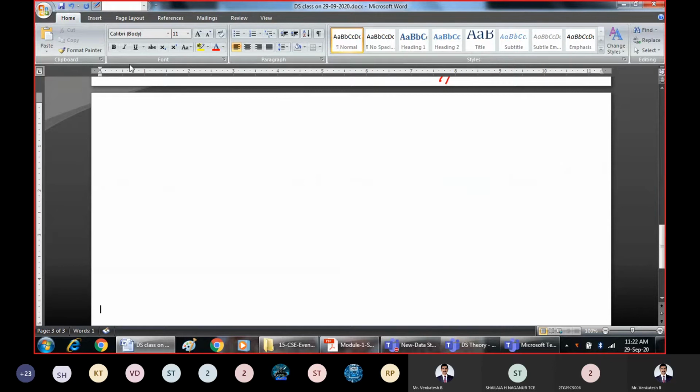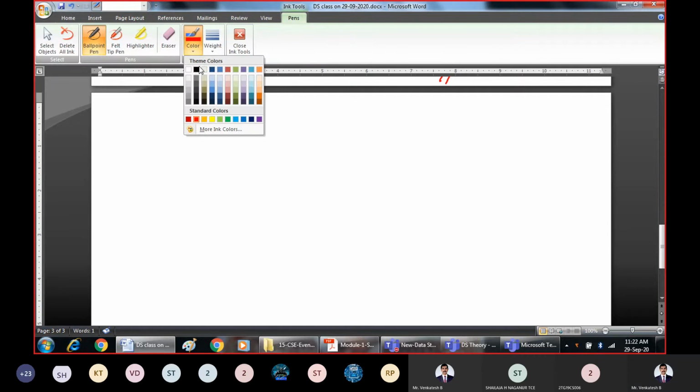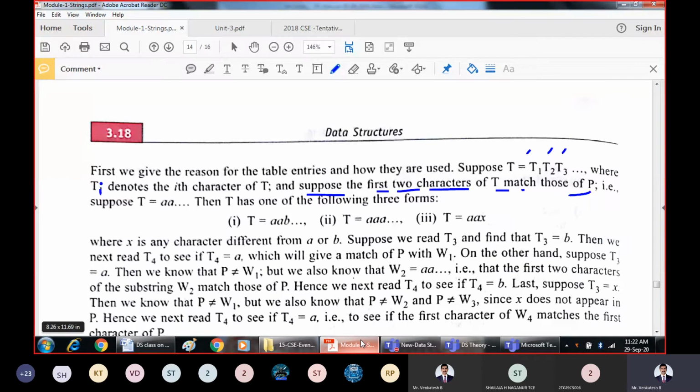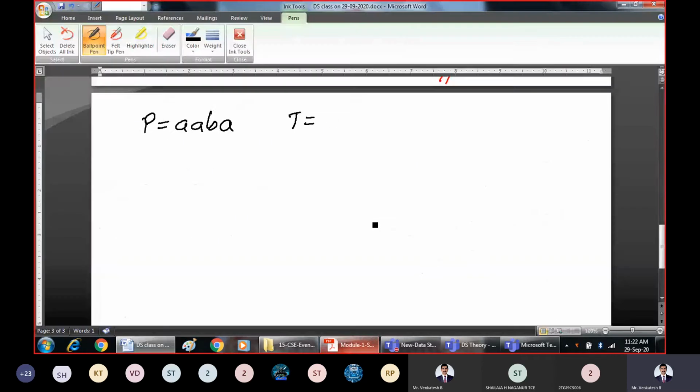What is the pattern that we are looking for? P equal to A, B, A. And what is T? T is a set of characters T1, T2, T3 up to N. So what is T? T1, T2, T3 and so on.